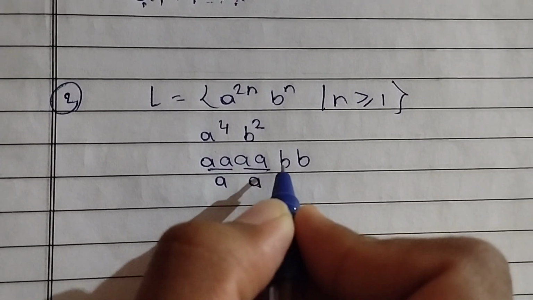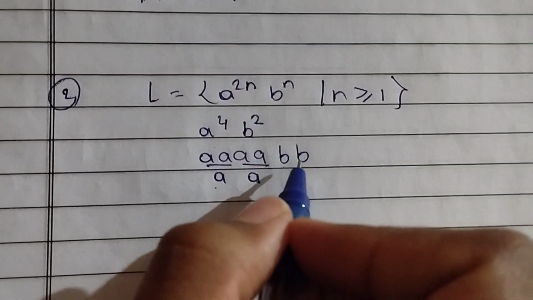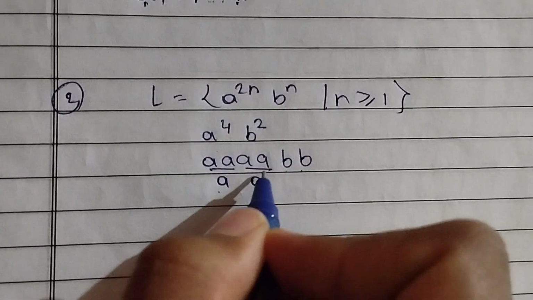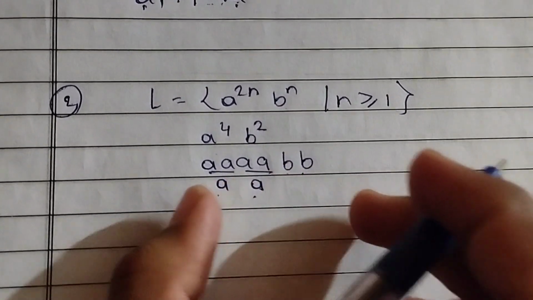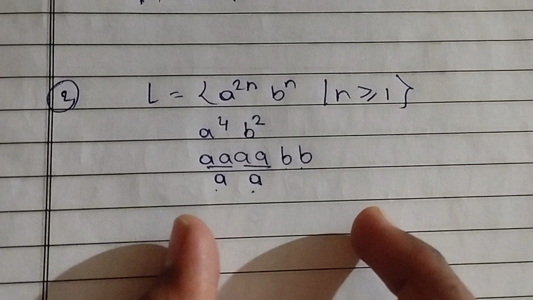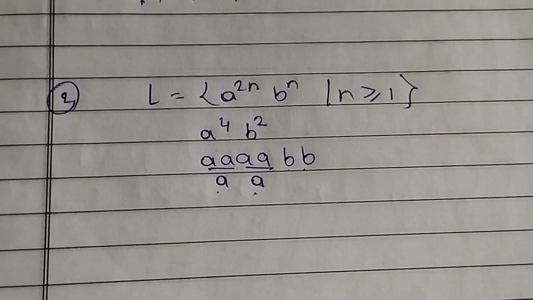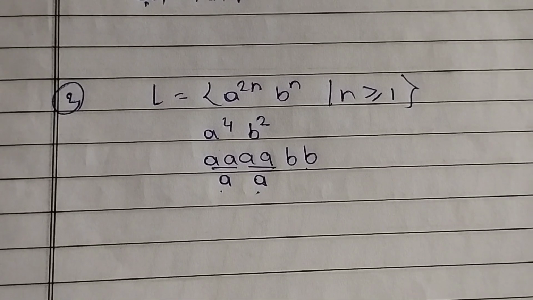And when we read this b, that time we pop an a. Again when we read the next b, we pop an a. And at the end we read null, and when we read null, that time this is the acceptance state. So I hope all of you get the idea about this.